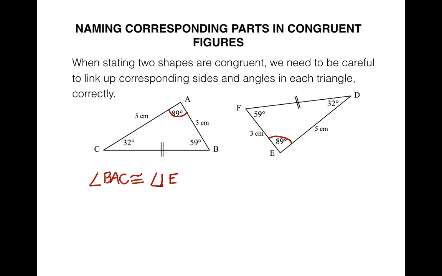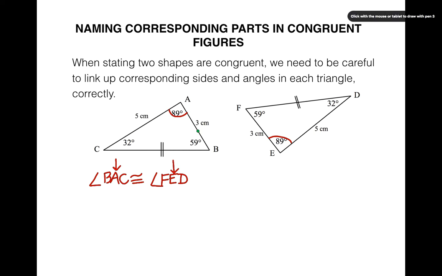And what that does is it just gives us a bit of a hand in identifying what vertices match up with each other. So there's our first little congruent statement. Angle BAC is congruent to angle FED. You can see that the central letter there is the vertex where the angle actually exists.